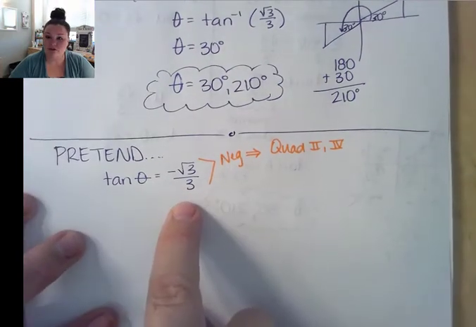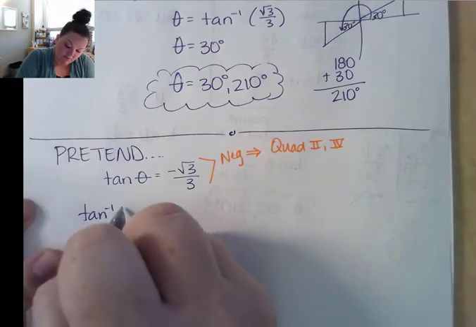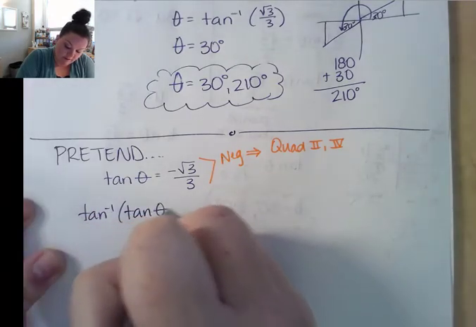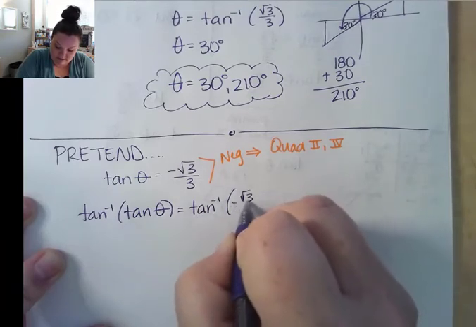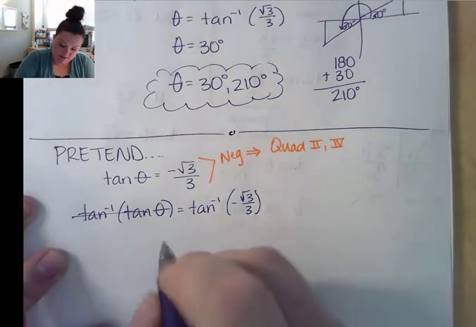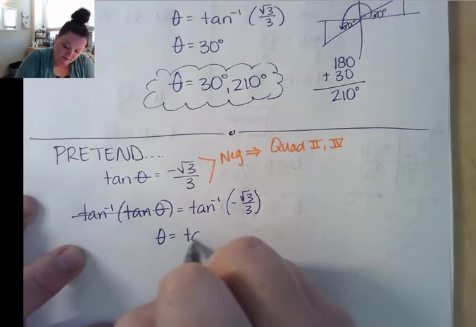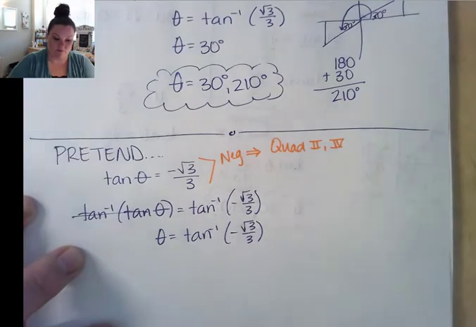So if we were to use our calculator for this one, again, we could take our tangent inverse function. If we take the tangent inverse of both sides, tangent and tangent inverse are going to cancel. So we end up with theta is equal to tangent inverse of negative square root of 3 over 3.